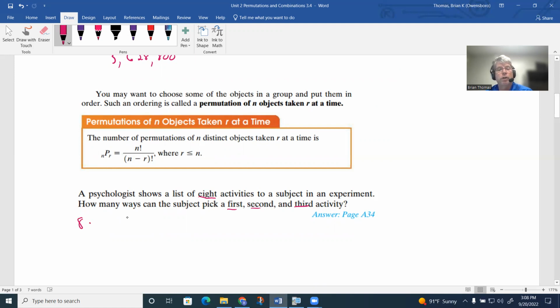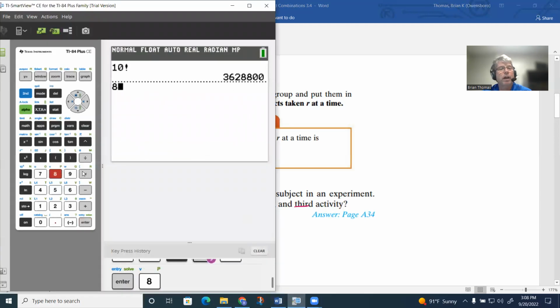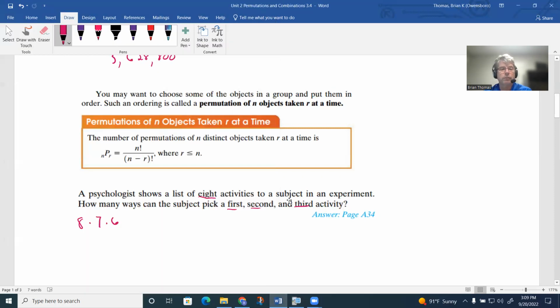And then once we choose one of those, that leaves us with 7 choices for second. And there's only 6 choices for third. So it's going to be 8 times 7 times 6. If I use my calculator, I can go 8 times 7 times 6, and I would end up with 336.